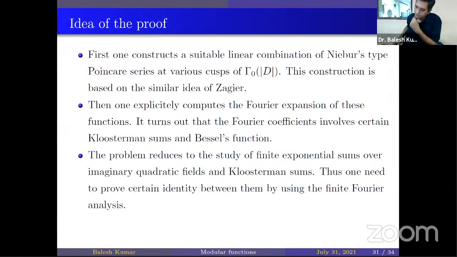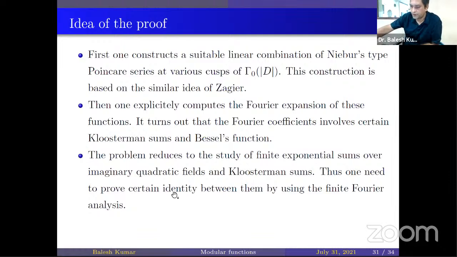Yeah. So therefore, one needs to establish the identity, and somehow we have proven that explicit identity, and in order to prove that, it requires the finite Fourier transform, and the identity is relating these Gauss sums and Jacobi sums and all.